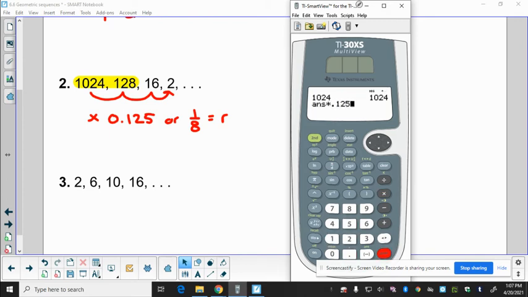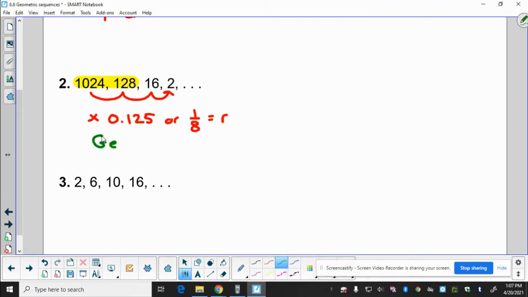If I get this sequence, and I do, then that means, yes, this is geometric, everybody. And remember, geometric is the same thing as exponential. Just like linear and arithmetic go together, geometric and exponential go together.